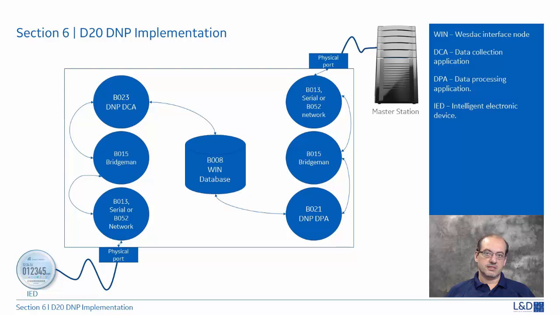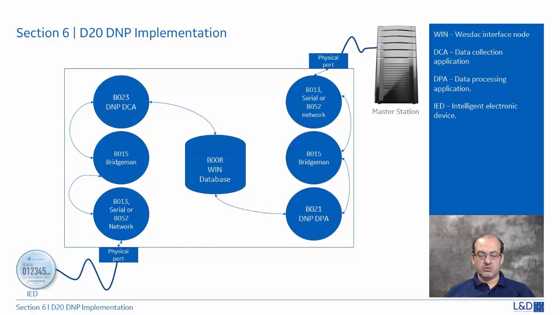will be formulated in a DNP message based on the DNP standard, and then transmitted to the physical port connected to the IED. So now the message is at the physical port that's connected to the IED and is monitored by the physical application layer.